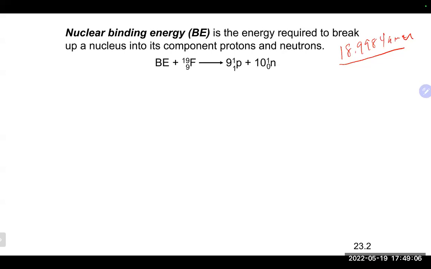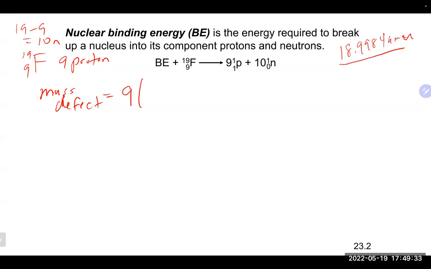We would look at fluorine-19, and we would see that it has 9 protons. And if we subtract 9 from 19, that gives us 10 neutrons in this case. So to calculate the mass defect, we would take the 9 protons and multiply by the atomic mass of a proton, which is 1.00785 AMU.